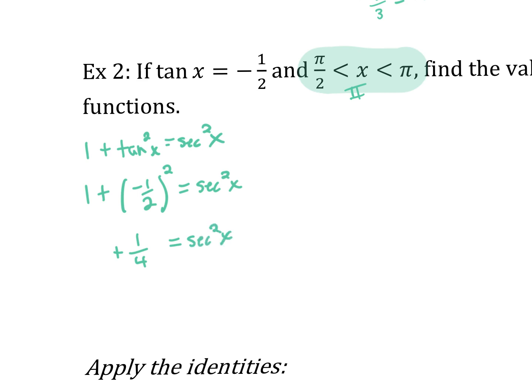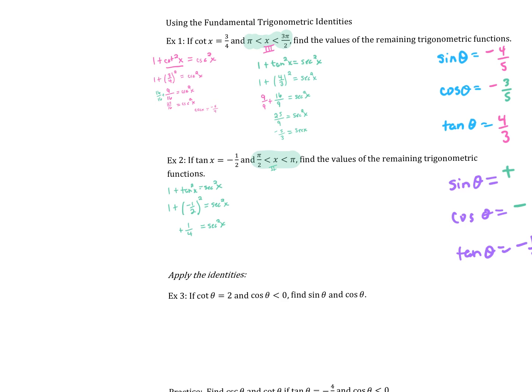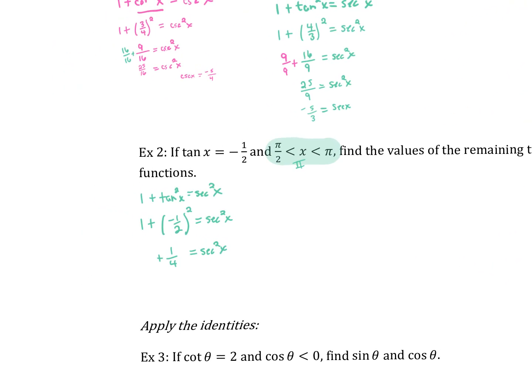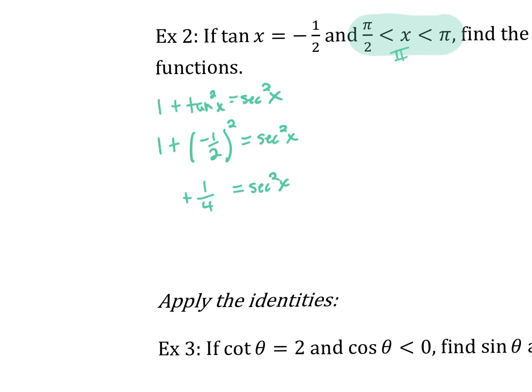I want to rewrite that 1 as 4/4. So we have our common denominator, right? So 5/4 is equal to secant squared x. So then we take the square root of both sides.